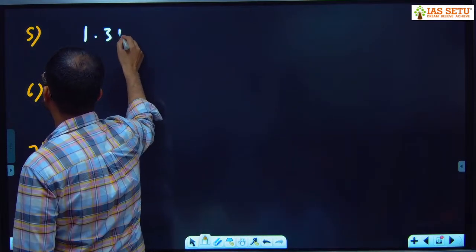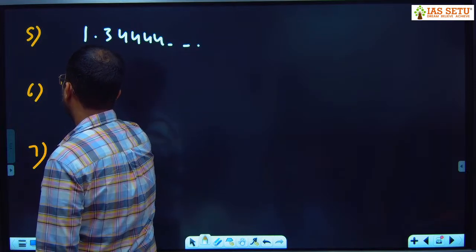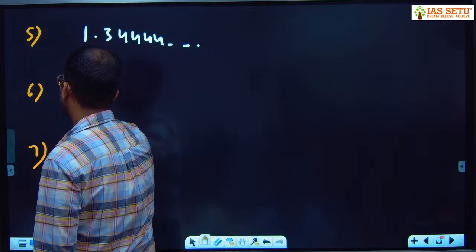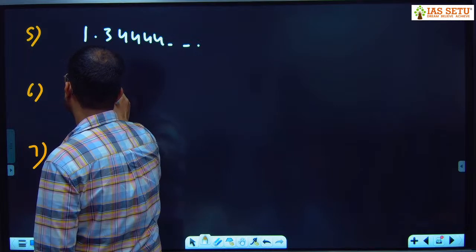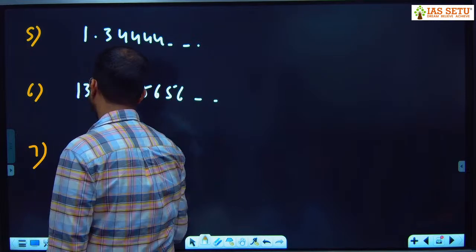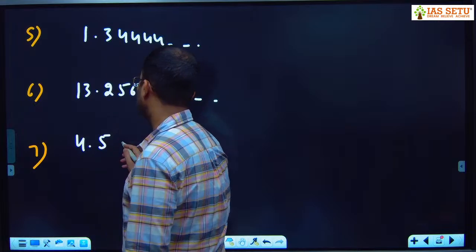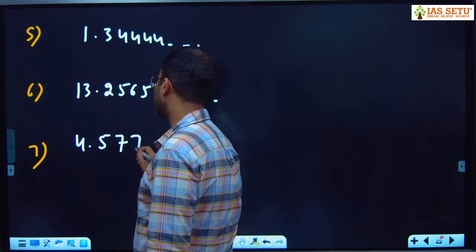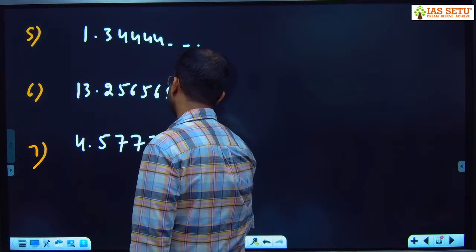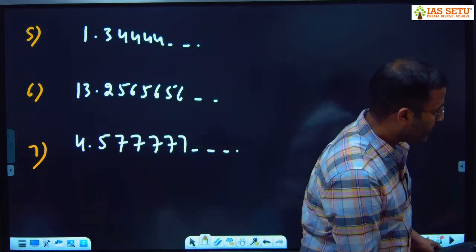1.34444444. 13.2565656. 4.577777. Go slow, step by step.